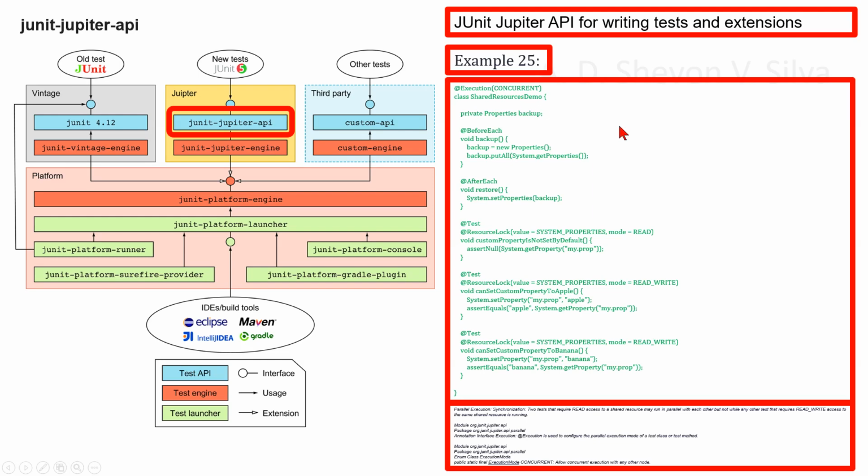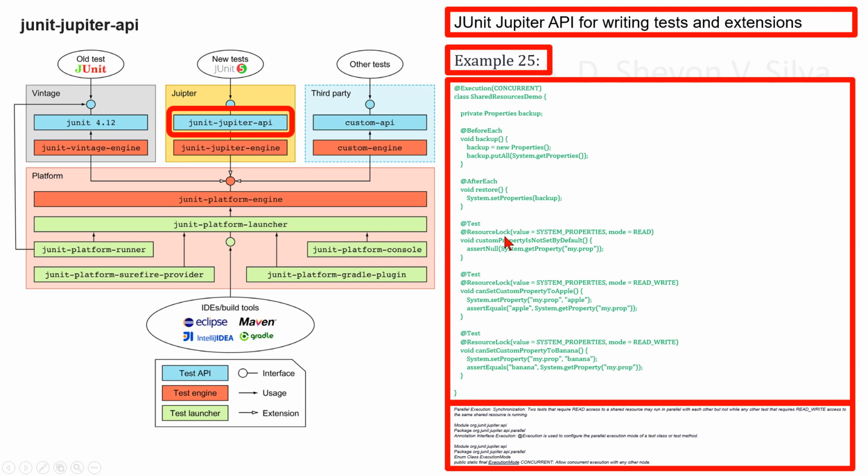In addition to controlling the execution mode using the @Execution annotation, JUnit Jupiter provides another annotation-based declarative synchronization mechanism. The @ResourceLock annotation allows you to declare that a test class or method uses a specific shared resource that requires synchronized access to ensure reliable test execution.